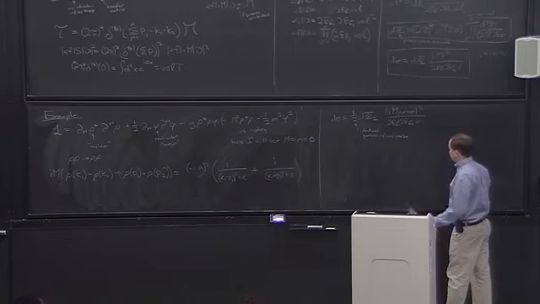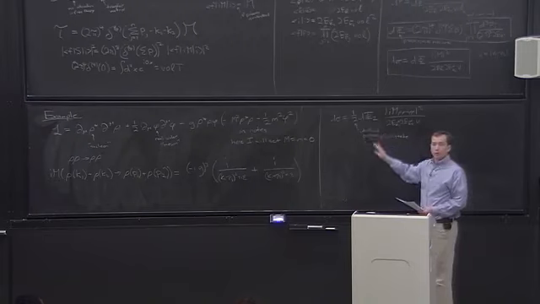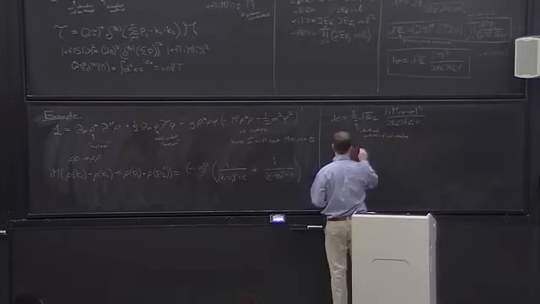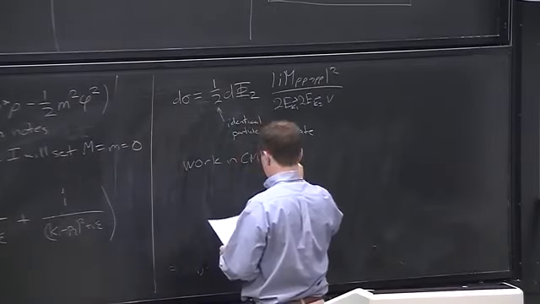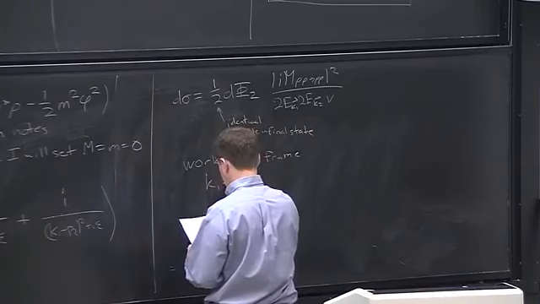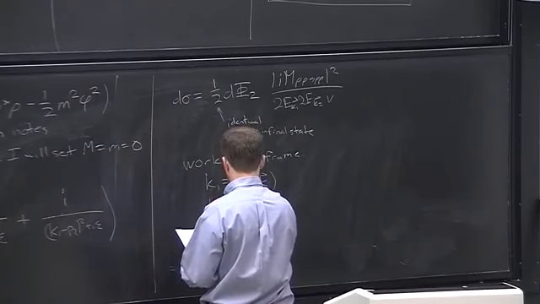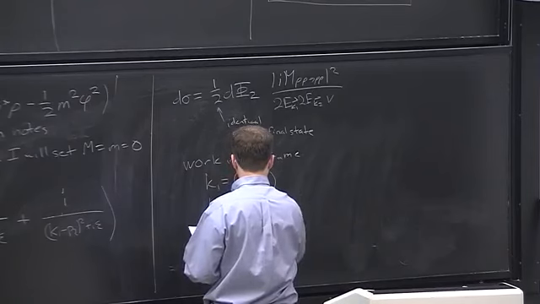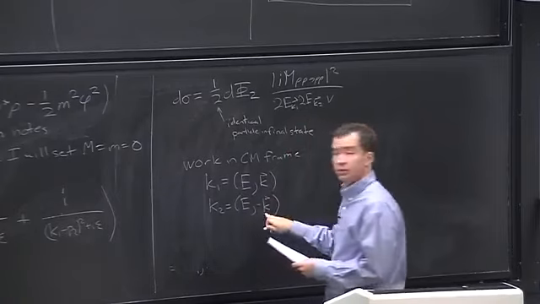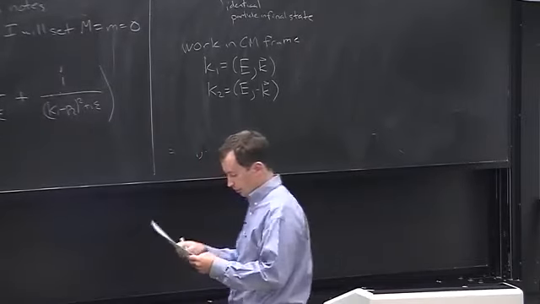Okay, so this is what we want to calculate. And we can work in the center of mass frame. It always makes things easier. So in the center of mass frame, our momenta have relations. k1 and k2 have to have the same energy because they have equal and opposite three-momenta, just like before.